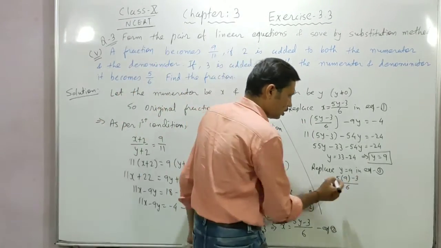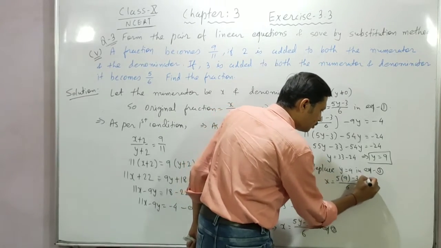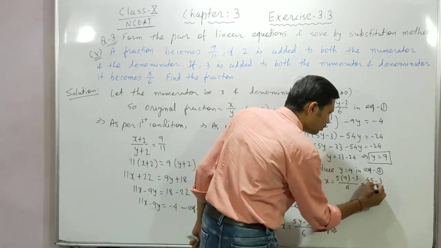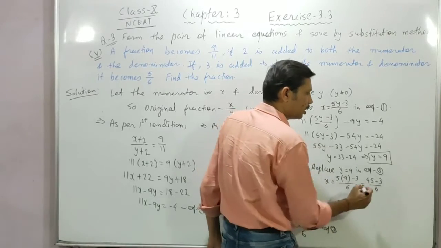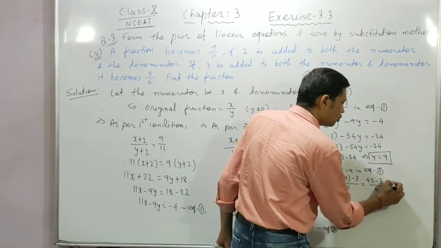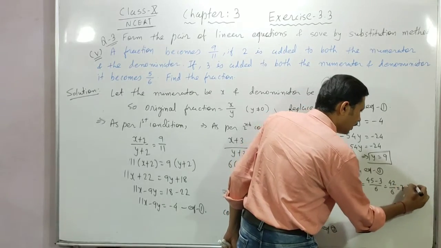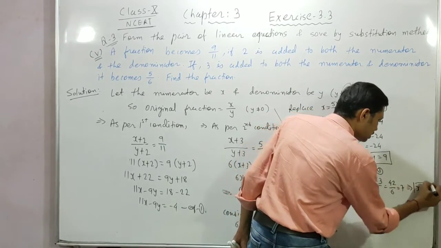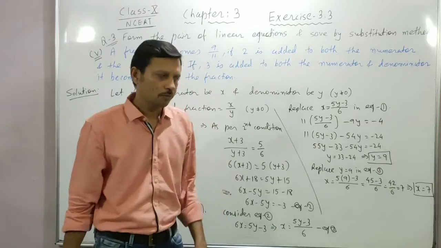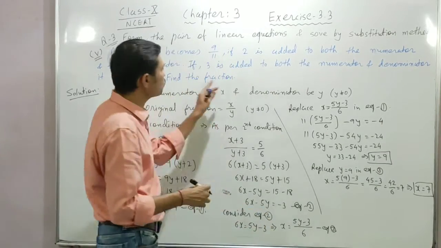So now 9 fives are 45. 45 minus 3 by 6. 45 minus 3 is how much? 42 by 6. So it will be 7. So the value of x will be 7. Is that okay? So our question is to find the fraction.